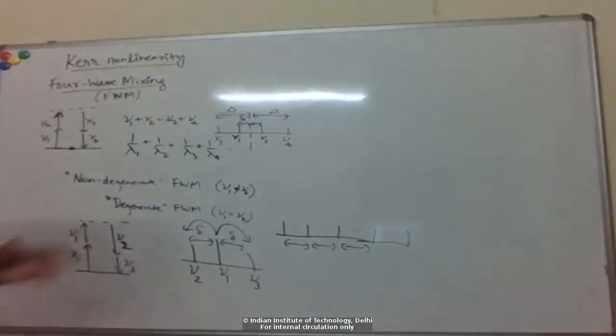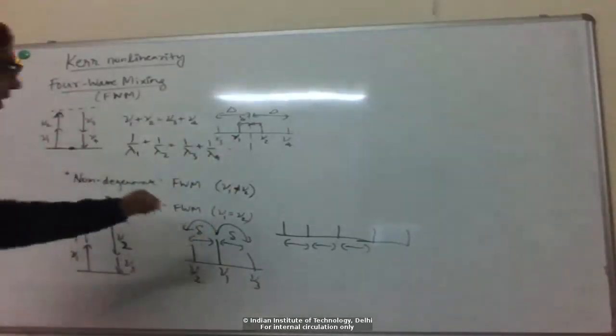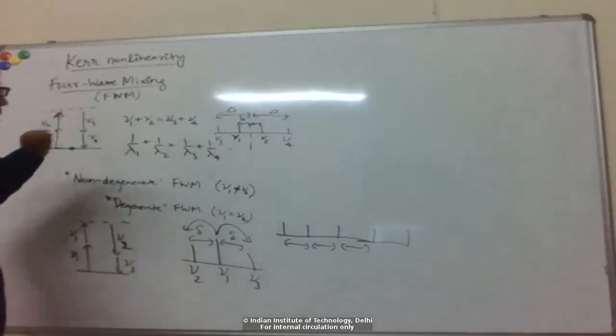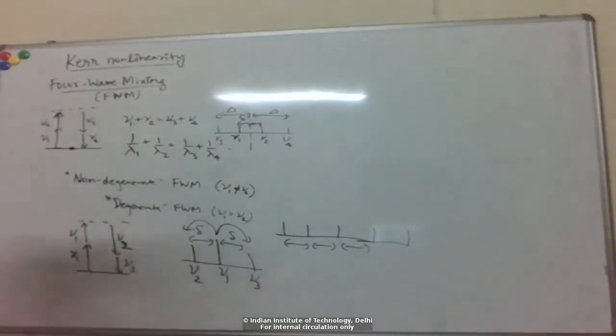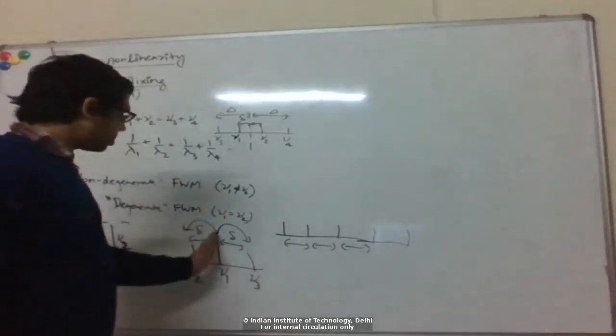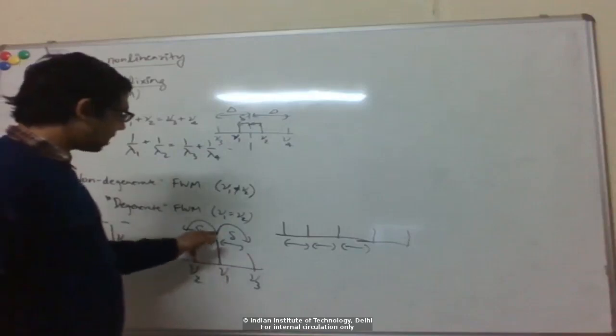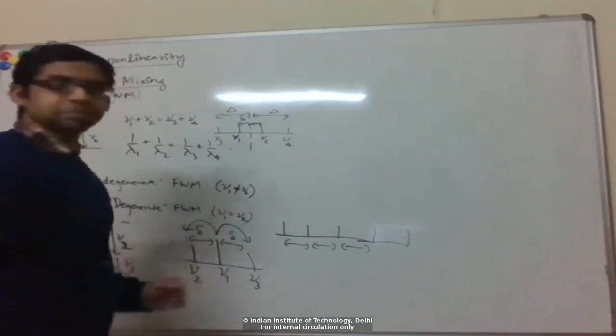Something similar to what we had in the Raman scattering case, energy being exchanged between wavelengths, just how it's happening is slightly different. The process is fundamentally different. In the Raman case, higher frequencies always scatter to lower frequencies. In this case, you can see one frequency scatters to both higher and lower frequencies.